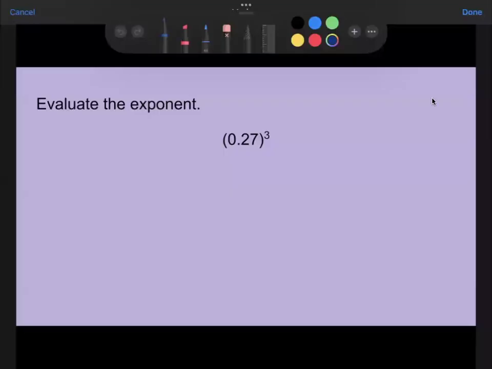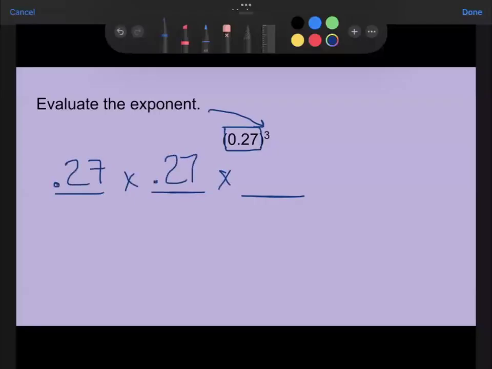Okay, here is our last example for today's video. We're going to take the exponent 0.27 and bring it to the third power. Okay, so that means the little exponential number tells us how many times we're multiplying. So I'm going to do 3 lines and put multiplication symbols in between each. The base tells me what number goes on the line. So that's going to be 0.27 times 0.27 times 0.27.